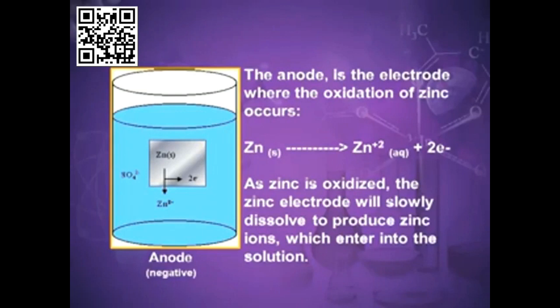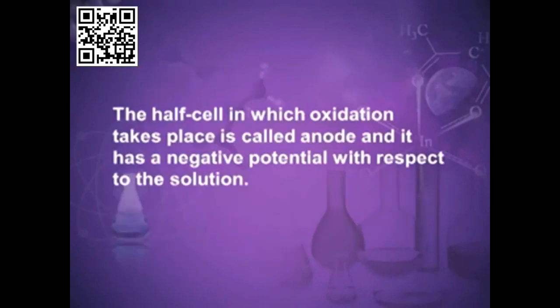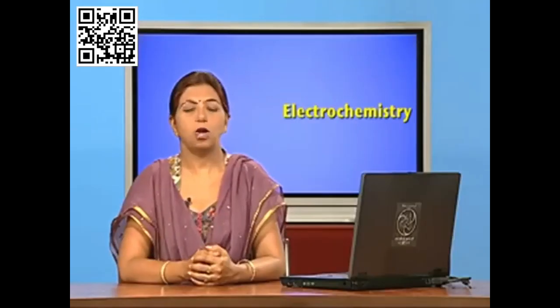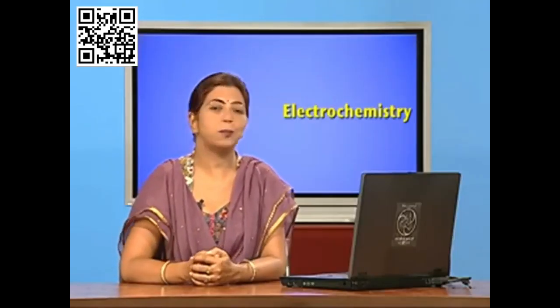It has a negative terminal. From the reaction you can see that zinc is losing electron and is changing into zinc ion. The half cell in which oxidation takes place is called anode, and it has a negative potential with respect to the solution.